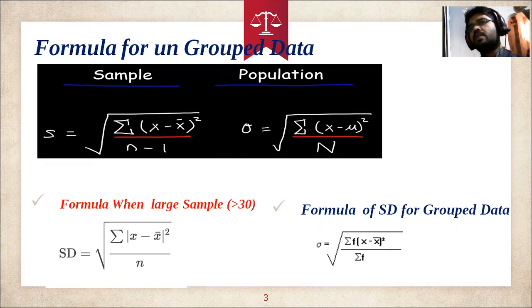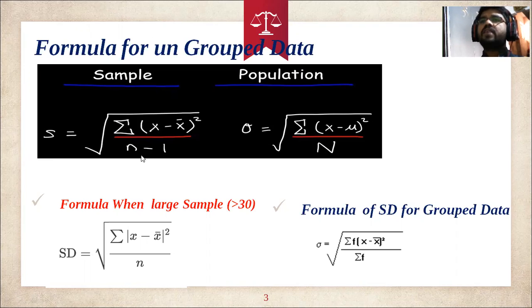For ungrouped data, when you estimate the sample standard deviation, s is equal to the square root of summation of x minus x bar whole square divided by n minus 1. Here the summation is the total of the x values minus the average of x, squared, divided by n minus 1.